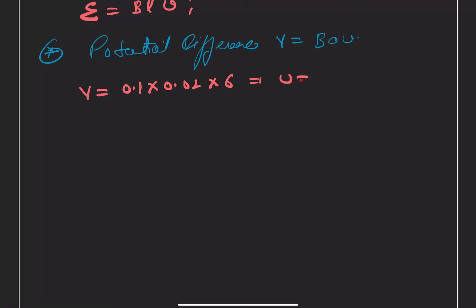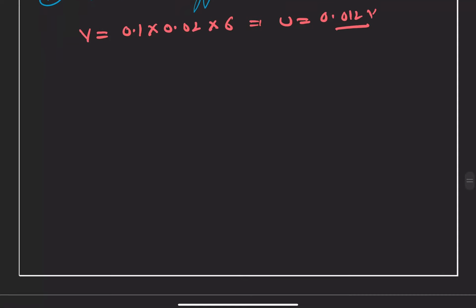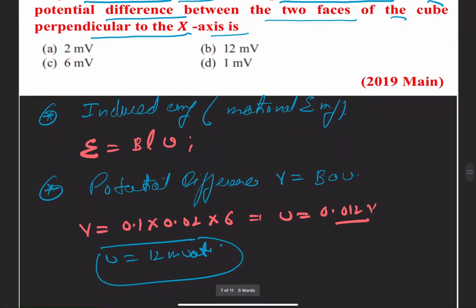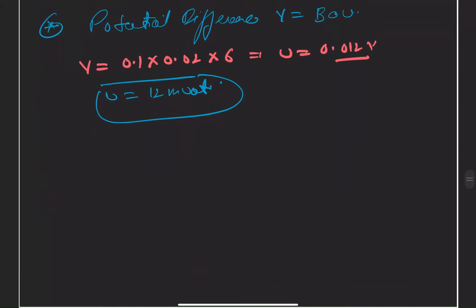So we get V equal to 0.12 volt, or we can say V is equal to 12 millivolt. So option B is the correct option.